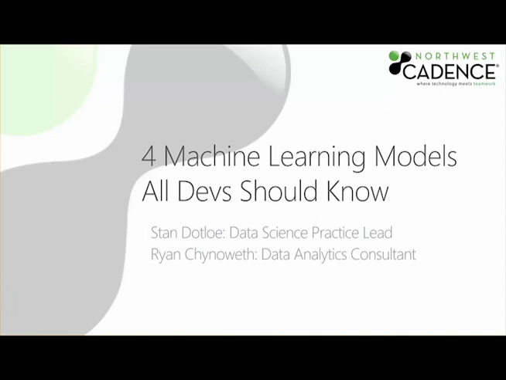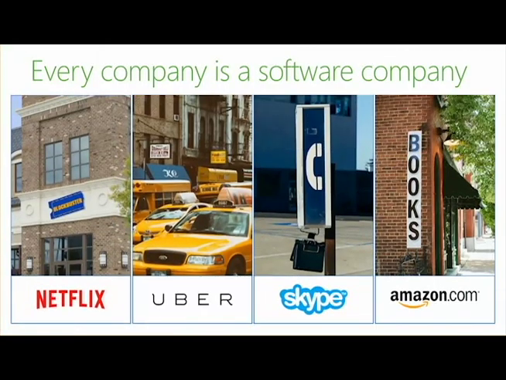You know, Ryan, every company now is a software company. Yes, whether you're based in the cloud or you're a traditional on-premises company that sells stuff, you either create software for yourself or your employees or for your customers. Absolutely.